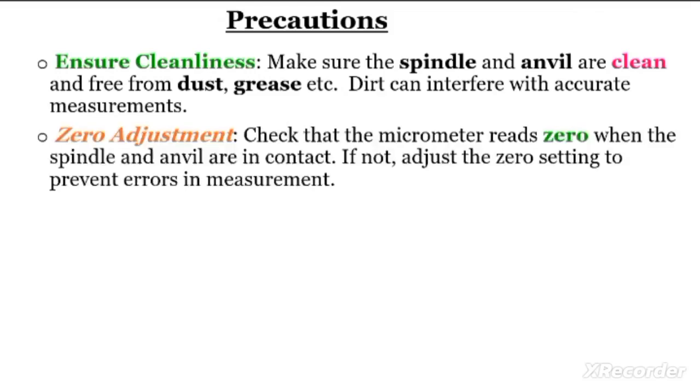So therefore, we need to make sure that the micrometer screw gauge is clean. Step number 2, zero adjustment. So we need to check the micrometer screw gauge. After checking, we need to make sure that it reads 0 when the spindle and anvil are in contact. So when the micrometer screw gauge is closed, it should read 0.